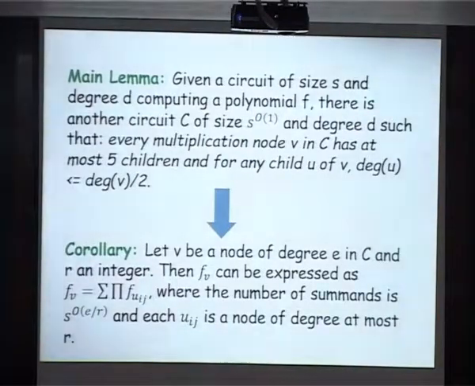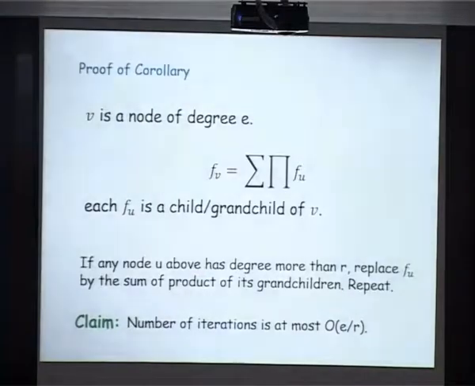So this is also fairly natural. Assume our circuit has this low degree children property. You start with a node V. You want to write it as a sum of products of polynomials at small degree nodes, and you would like to do the natural thing. You start with this node V, and you could write it as a sum of products of its children or grandchildren.